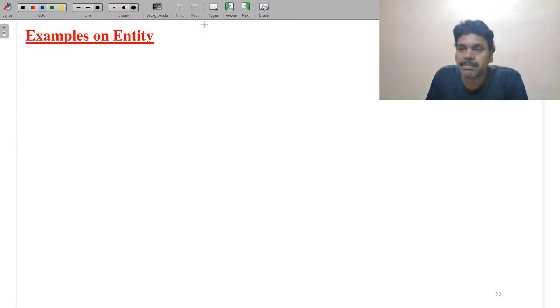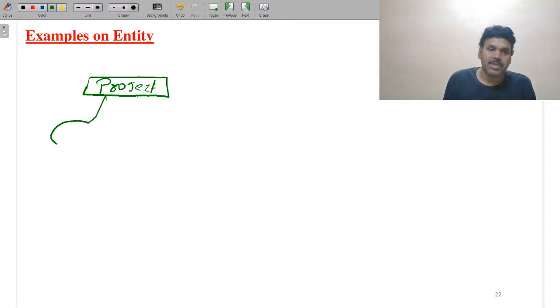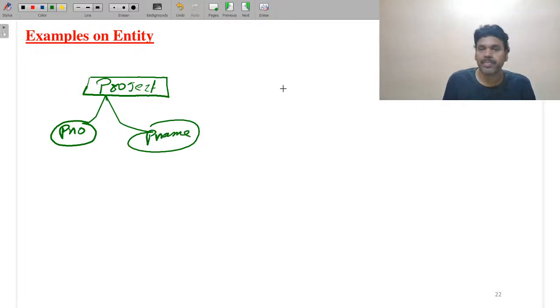And the next one is examples of entity. Please understand carefully. This is a project entity, nothing but a table which has a few columns here, project number and project name.